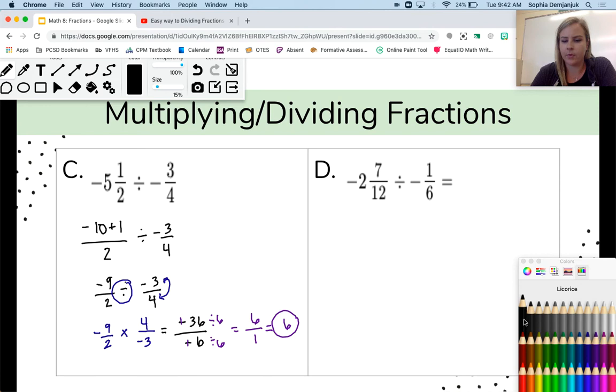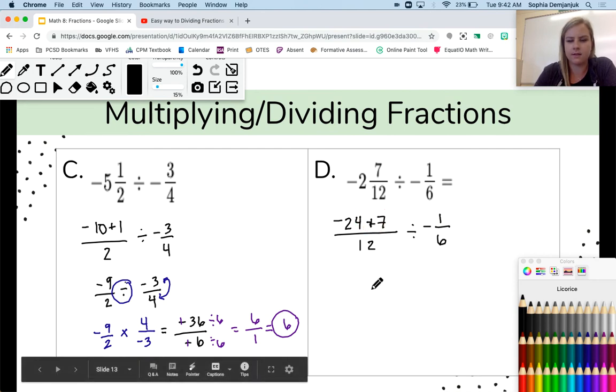Next example, change this first fraction into an improper fraction. So negative 2 times 12 gives me negative 24. Add 7 over 12. We're dividing that by 1/6. Simplify the first fraction.